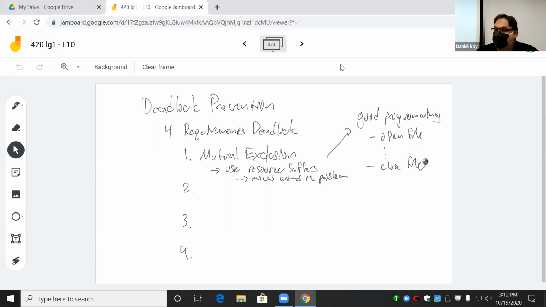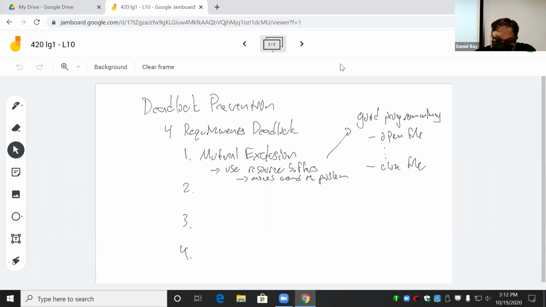Replace file with any resource that your program uses, and you should only have the resources open that you need to have open when you need to have them open, and you should let them go other than that. Okay, and that will minimize the conflict that we have.